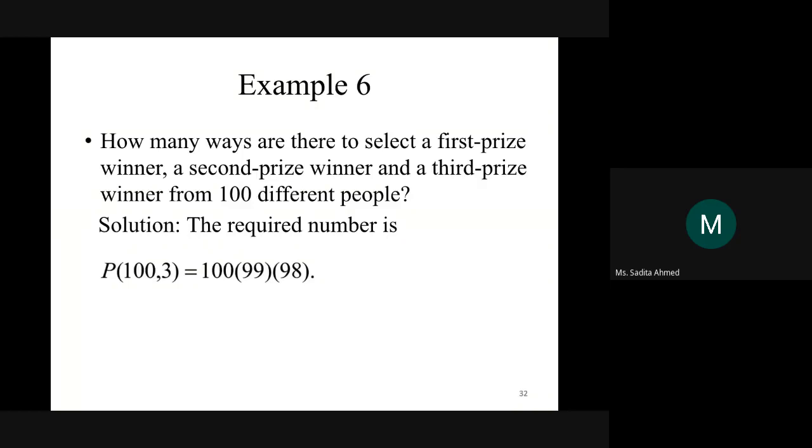Yes, miss. So you see, in total, we have C100,3 selections to make. There are C103 possible selections. And for every single selection, whichever choice you make, you have P33 outcomes for every one of them.